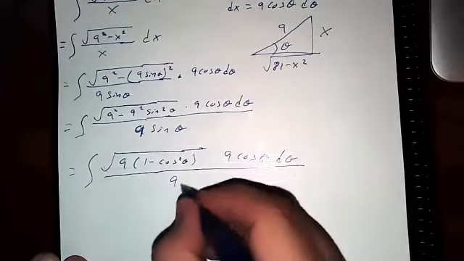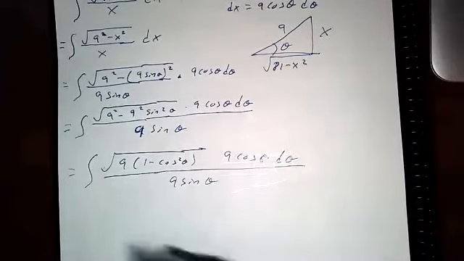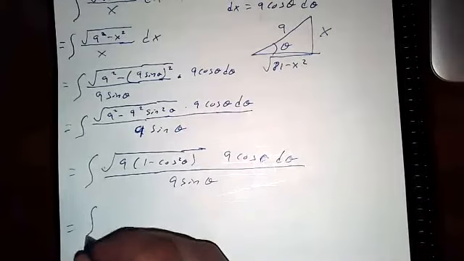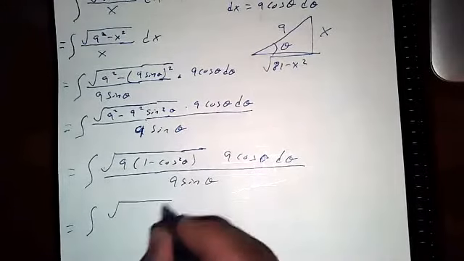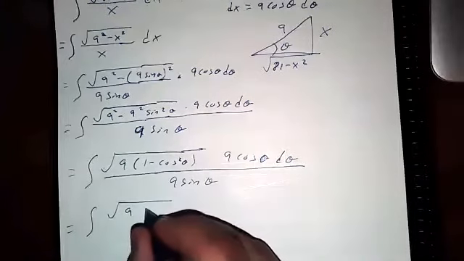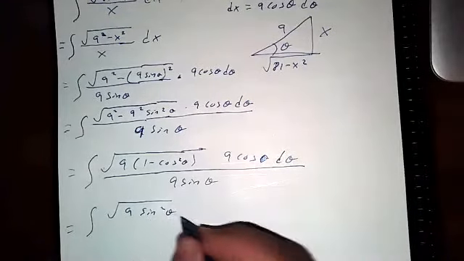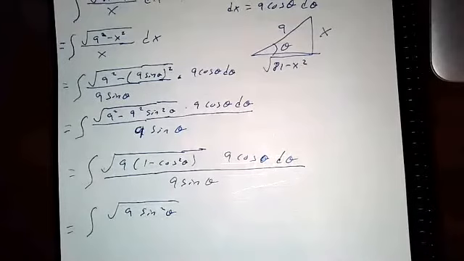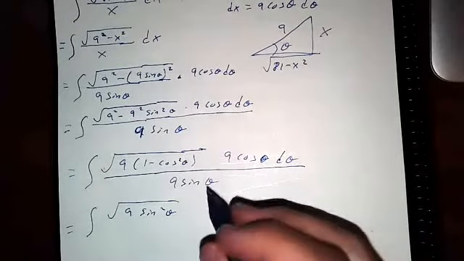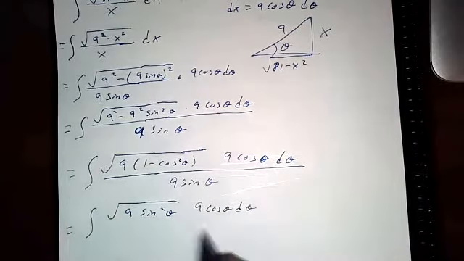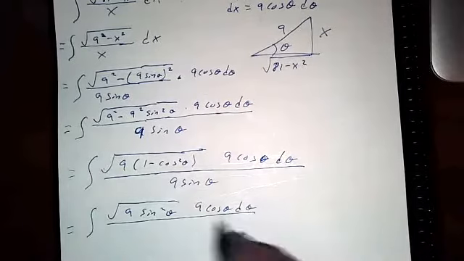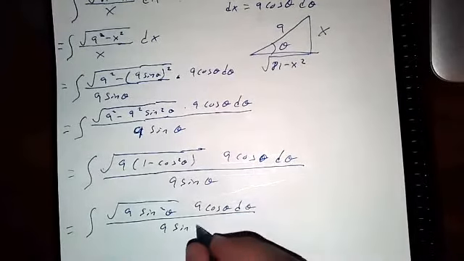So I'm going to have square root of 9 sine squared theta times 9 cosine theta d theta over 9 sine theta.